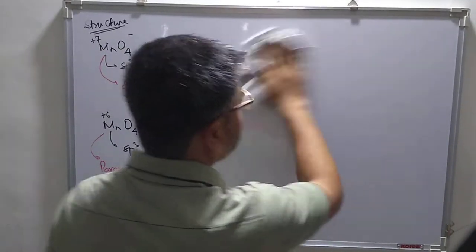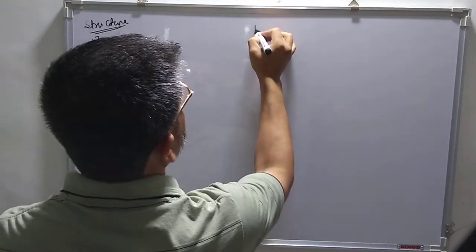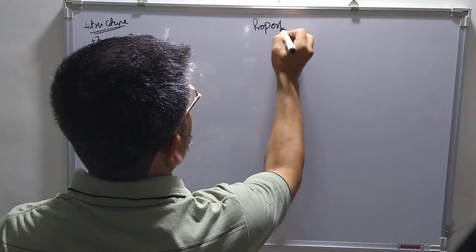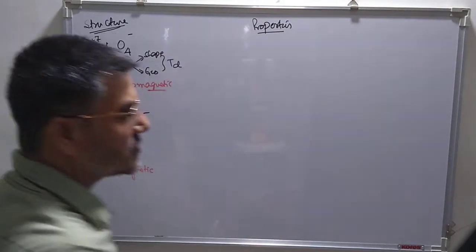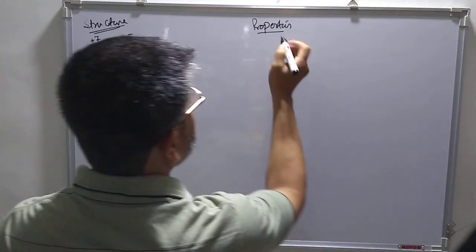Now coming to the properties. MnO4 minus is a very strong oxidizing agent. This reacts in 3 different ways.